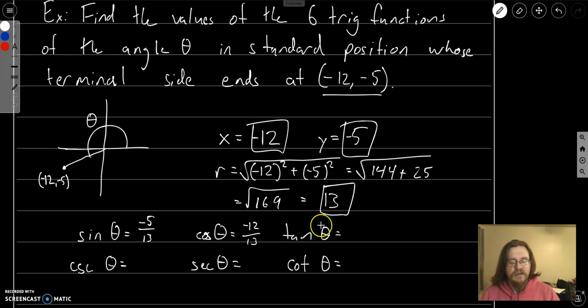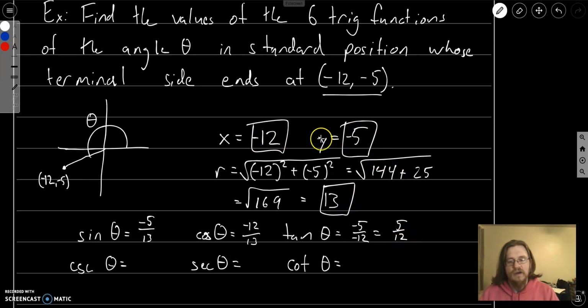Again, this is negative. And then the tangent is going to be y over x. And what you'll notice is that -5 divided by -12, the negative signs cancel, and we'll just get 5 over 12. So we do have to pay a little bit of attention to when these trig functions are going to be positive or negative.